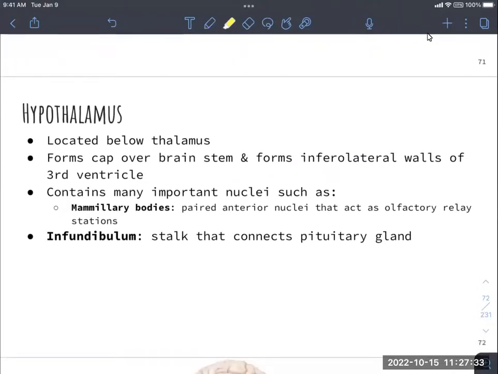As we looked at hypothalamus, hypo means low or below. So hypothalamus is below the thalamus. It has mammillary bodies that help olfactory, so your smell. The hypothalamus has the infundibulum, and that's what connects the pituitary gland to the brain.